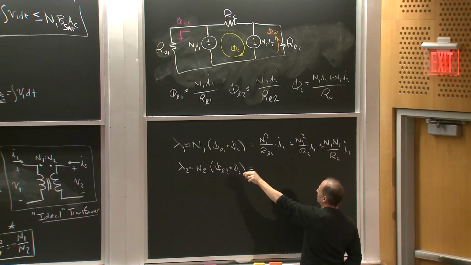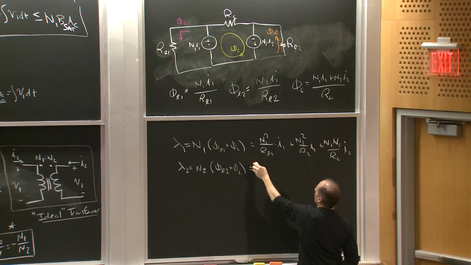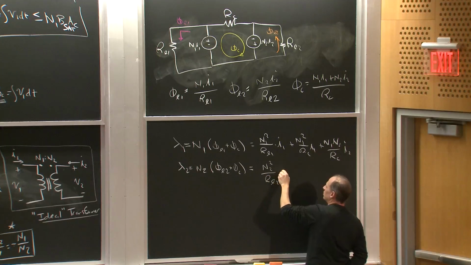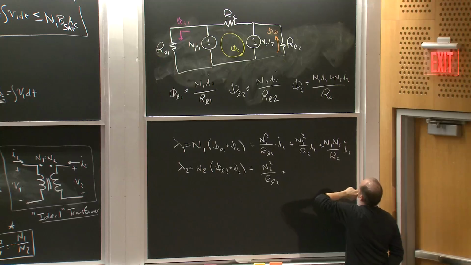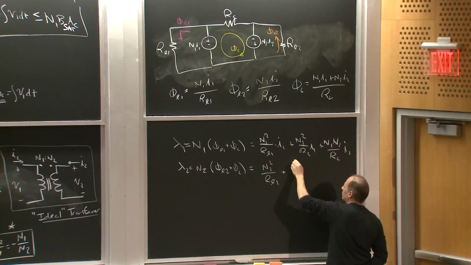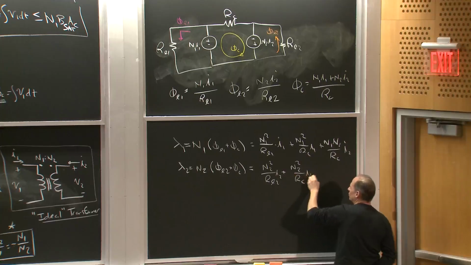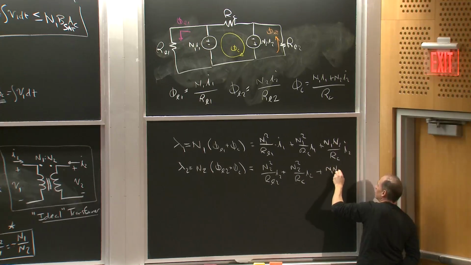This is going to be equal to N2 squared over reluctance leakage 2 plus N2 times phi core, which is N2 squared over the reluctance of the core, times I2, plus N1, N2 over the reluctance of the core I2.